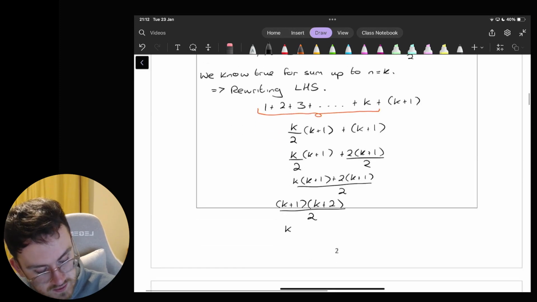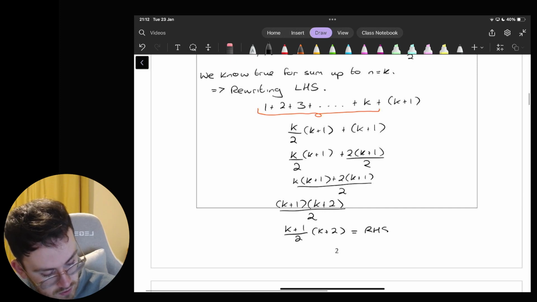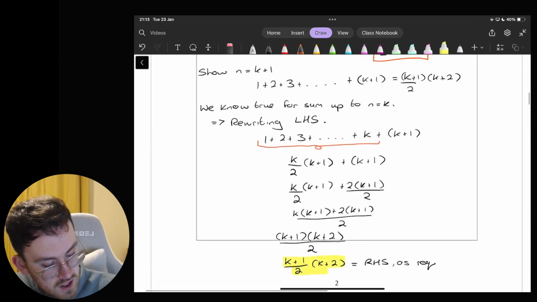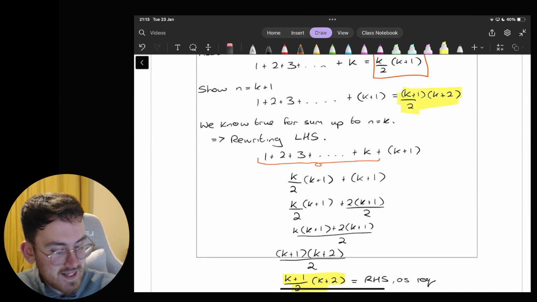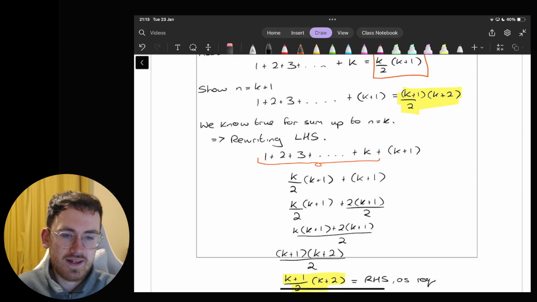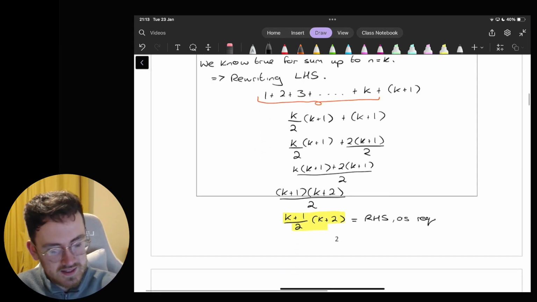I can rewrite that to make it really clear as k plus 1 times k plus 2, all over 2, which is now equal to the right-hand side as required. What I mean by equal to the right-hand side is that what I have here matches up with what I was setting out to show. I was setting out to show that what I have on the left-hand side can be rewritten in this format, and we've now shown that it can indeed.